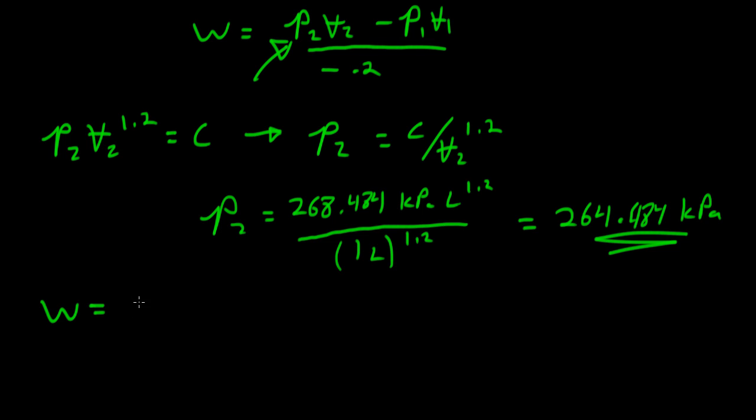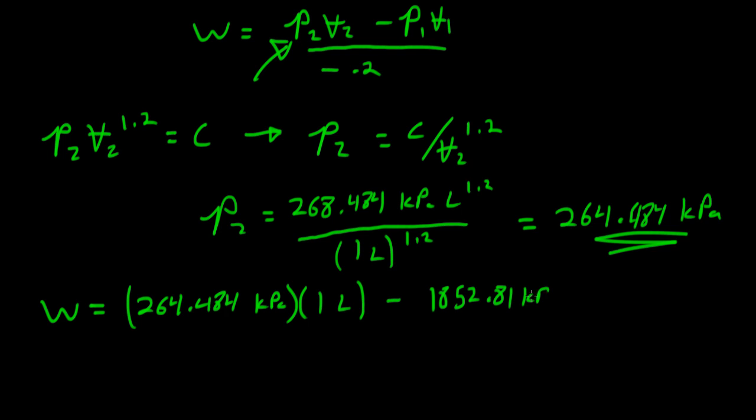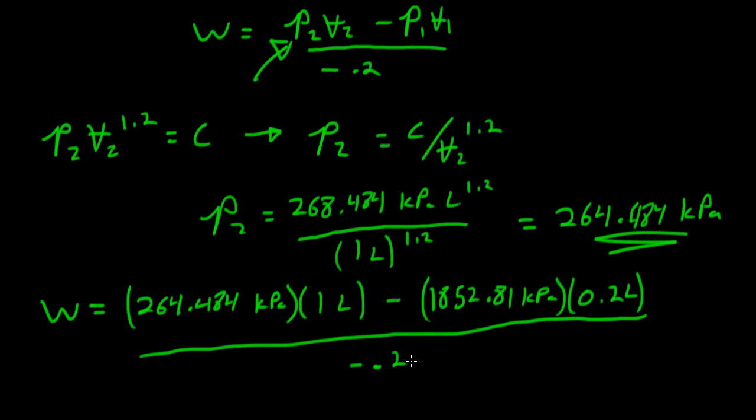We substitute that into our work calculation. We find that the work is equal to 264.484 kilopascals times volume 2, which is 1 liter, minus P1, which is 1852.81 kilopascals, times V1, which was 0.2 liters, all divided by minus 0.2.